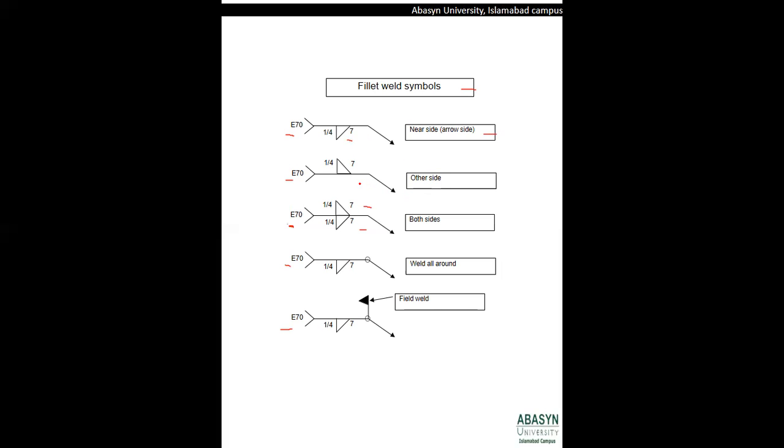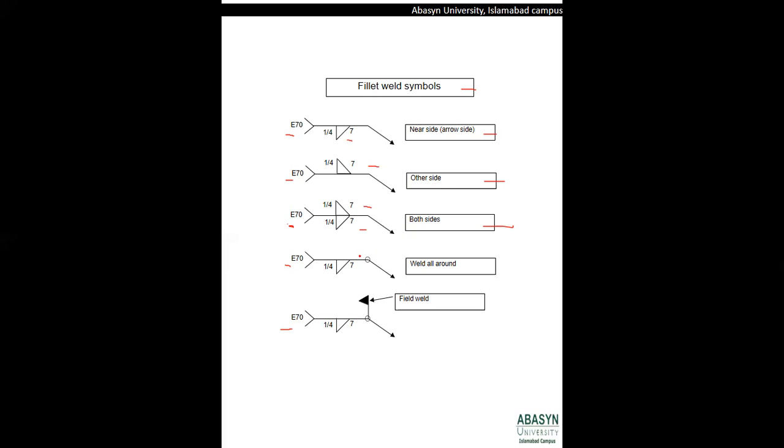And if it is on the other side, it means that the welding is carried out on the far side of the weld, or I would say towards the top of the weld. If it is on both sides, it indicates that the welding is carried out on both sides of the member. That is, the member is welded from the top as well as from the bottom.